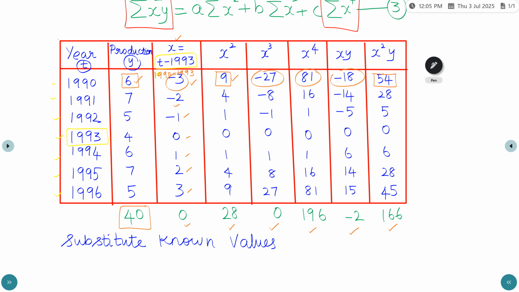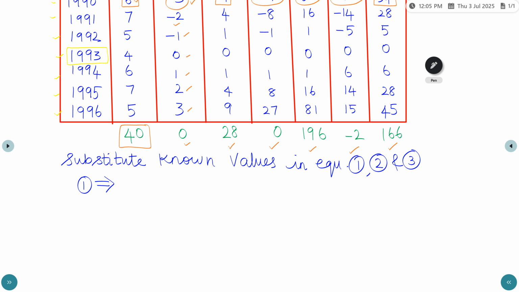What are the summation values in equations 1, 2 and 3? The first equation is summation y, that value is 40 equal to na.